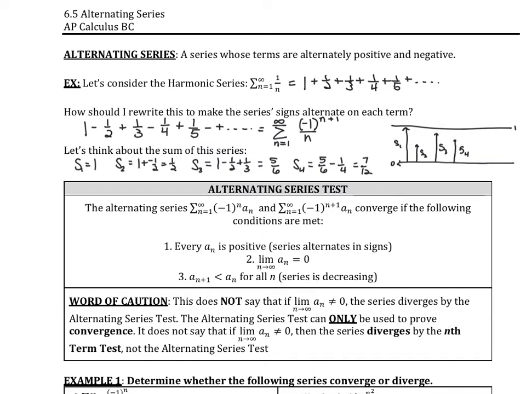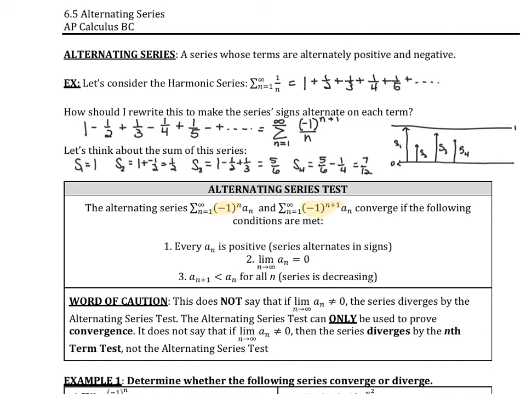Basically, we look to see that the series alternates. If it alternates, the a sub n expression will always be positive. And we can tell that it alternates because it has this -1 to the n, or -1 to the n plus 1, or even -1 to the n minus 1.